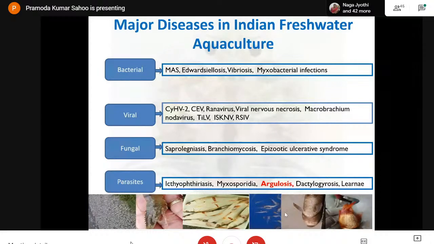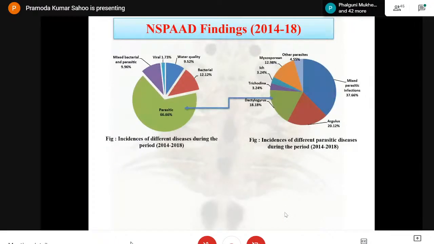We have a large number of bacterial problems, viral problems, fungal problems, and parasitic problems in freshwater aquaculture particularly. We'll be speaking only on this parasitic disease, argulosis, which is a major survey program throughout Orissa and Andhra Pradesh particularly.